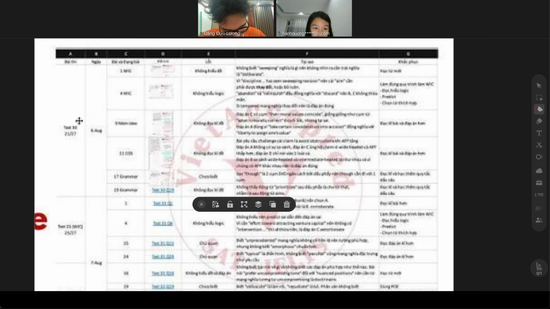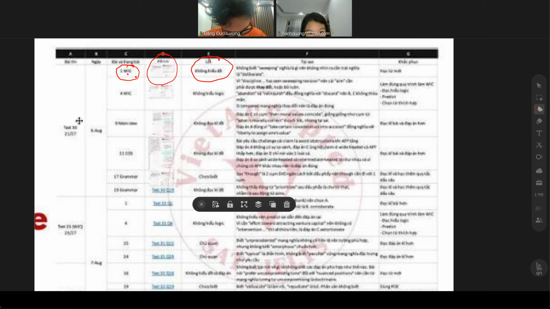Here they have a column mentioning the kind of question they got wrong, that is word in context here, and here is the question itself, the image. You can put it there, and that column here is why they got it wrong.